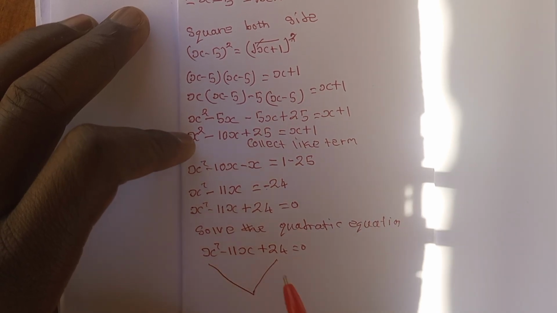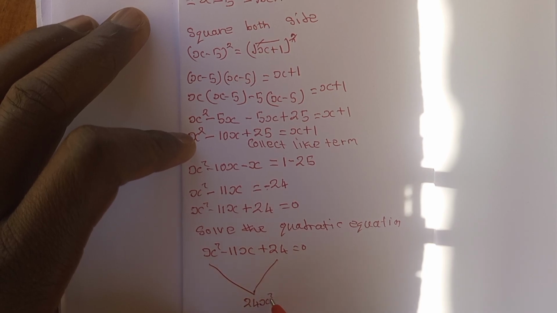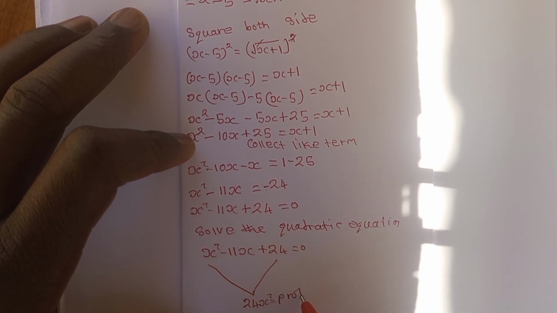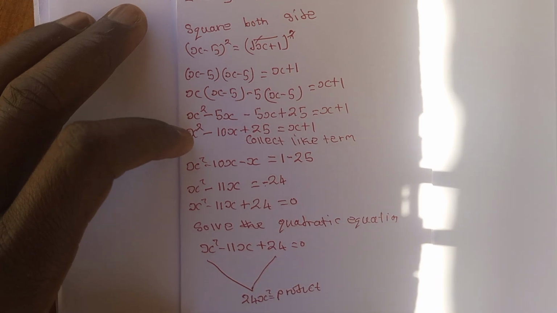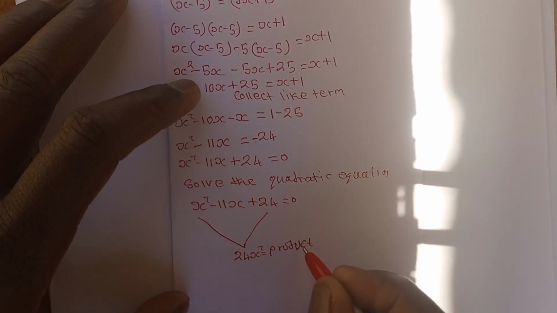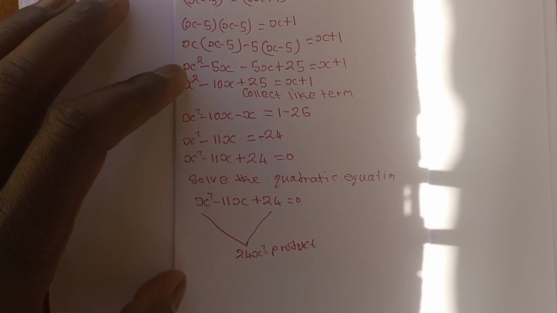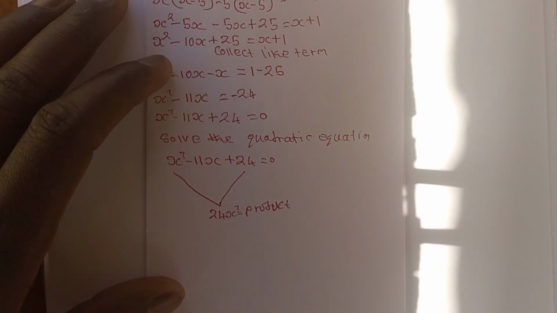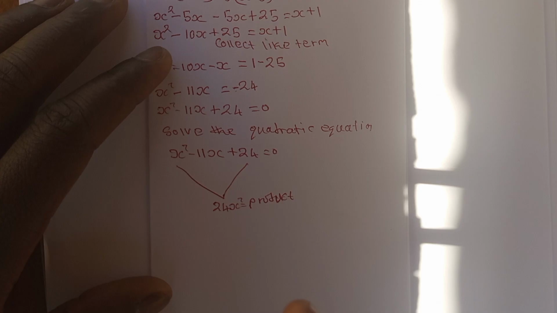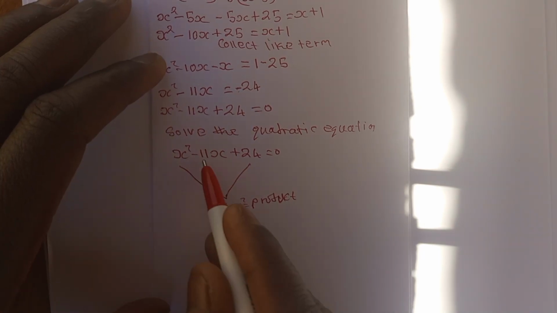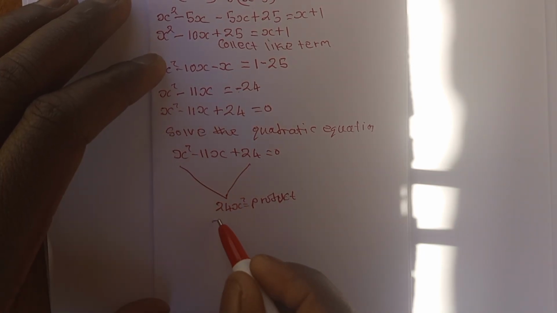So x squared times 24, we are going to have 24x squared. This one is the product. So the sum now is minus 11x.